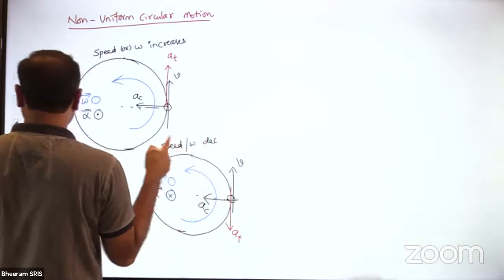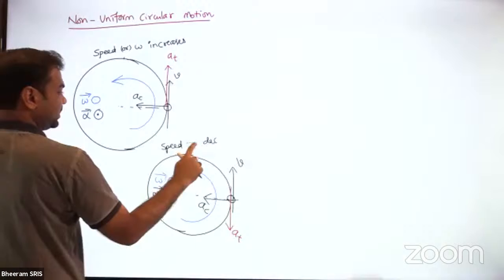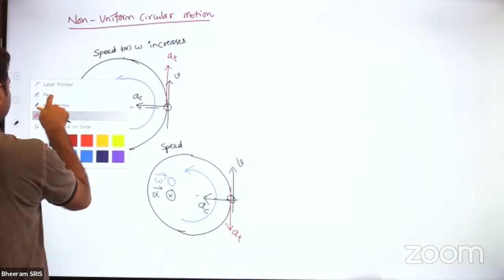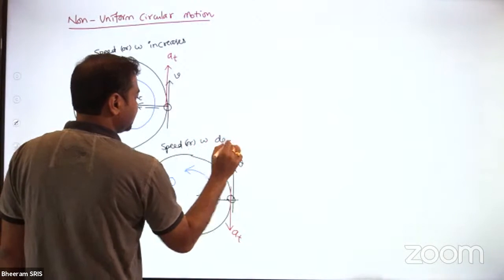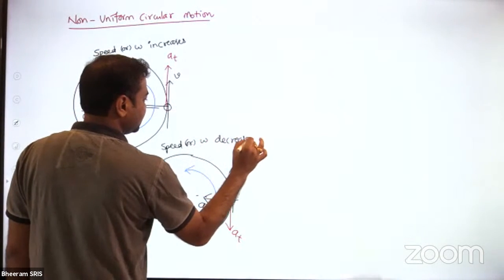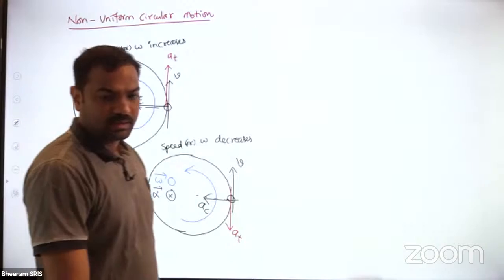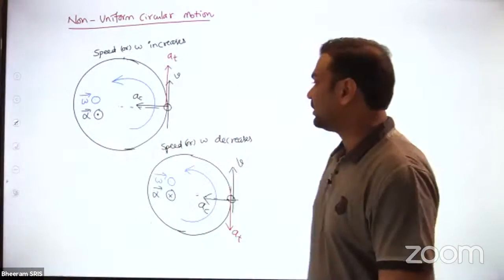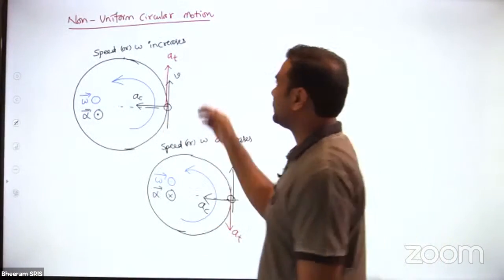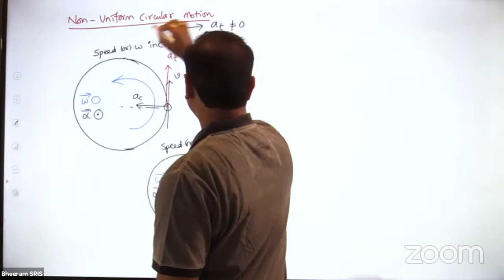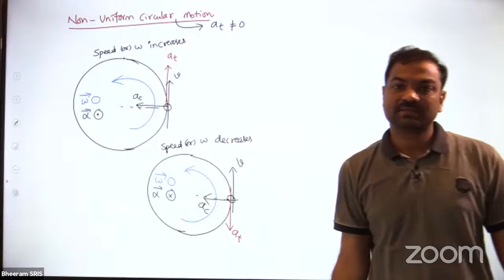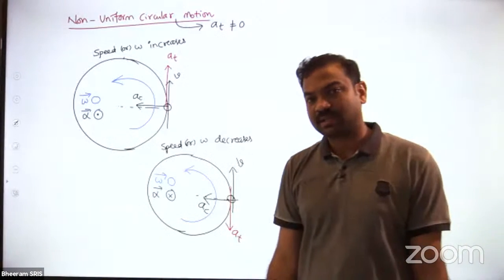It's not speed by omega; you people will write down speed or omega. Both are called non-uniform circular motions. What is the meaning of non-uniform circular motion? Tangential acceleration is not equal to 0. So there is a force along the tangent, or there is an acceleration along the tangent.